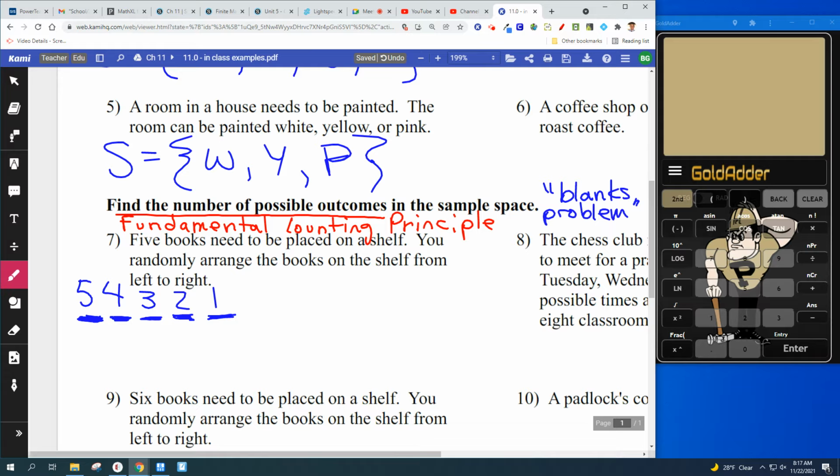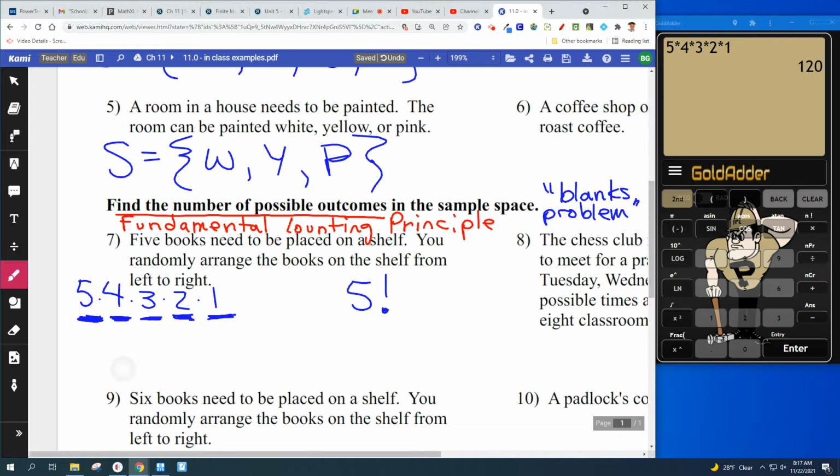Now, the blanks problem also, by the way, you are multiplying. 5 times 4 times 3 times 2 times 1 is going to be the answer. All right. Now, that's something special called a factorial. 5 exclamation point. But when we do 5 times 4 times 3 times 2 times 1, that's 120.